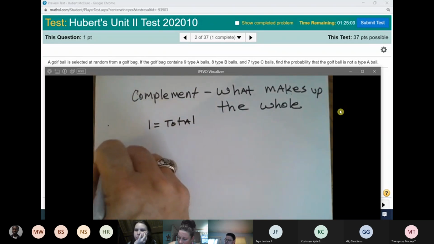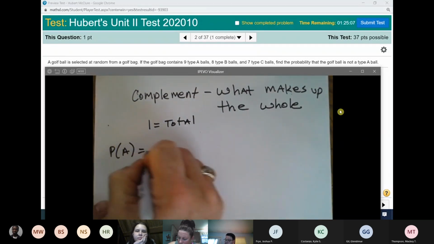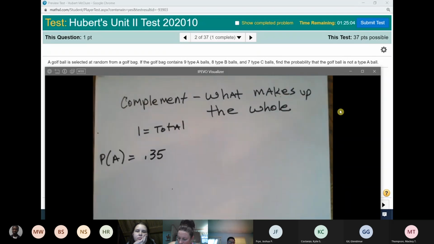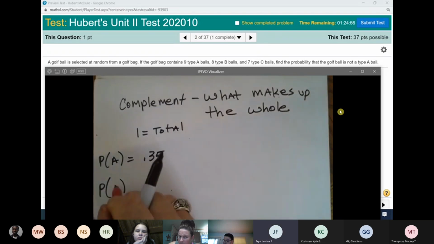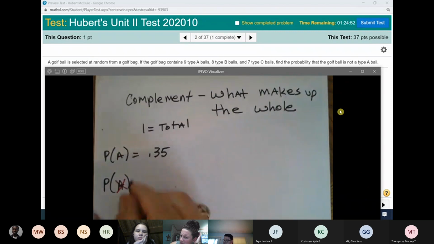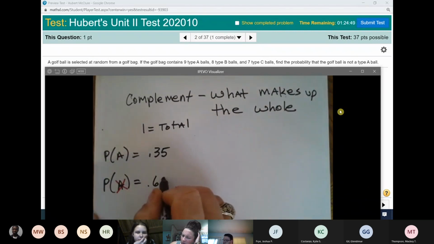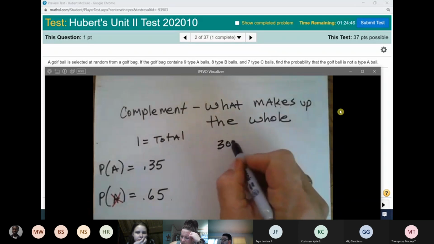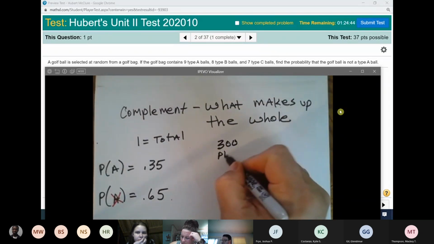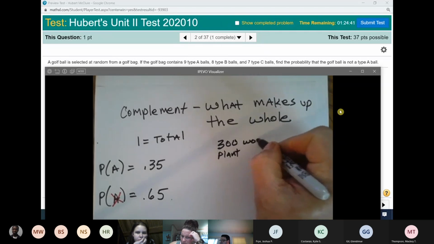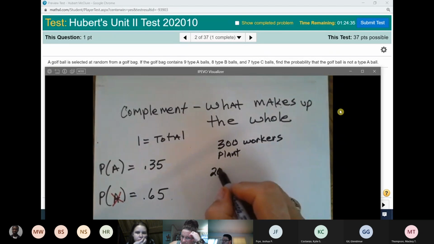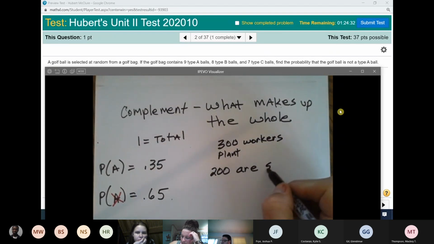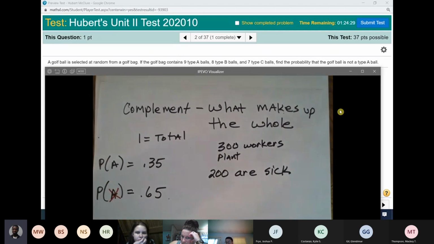So if I tell you the probability of an event is equal to 0.35, what is the complement of 0.35? 0.65. What makes up the whole? If I tell you that there's 300 workers at the plant, and I tell you that 200 are sick, how many are going to work? 100.